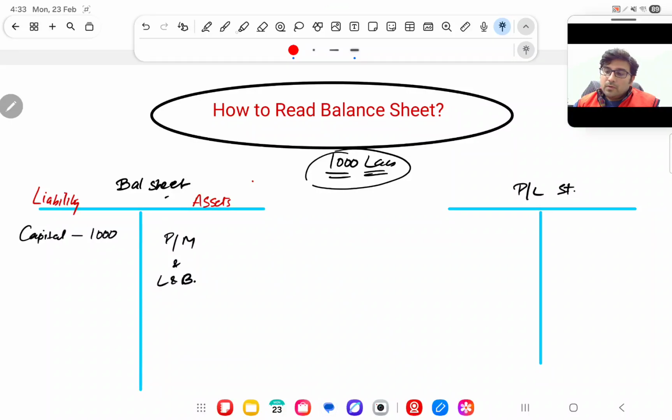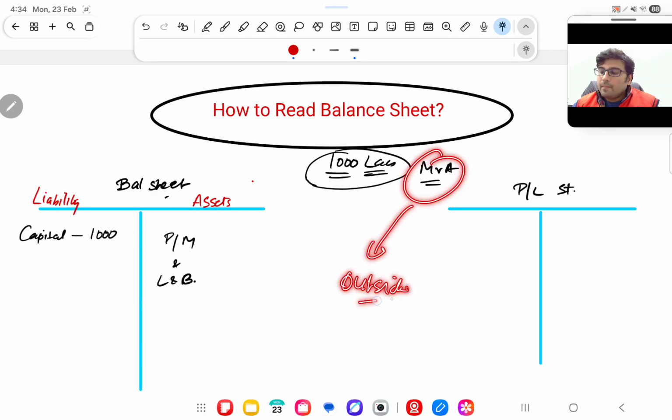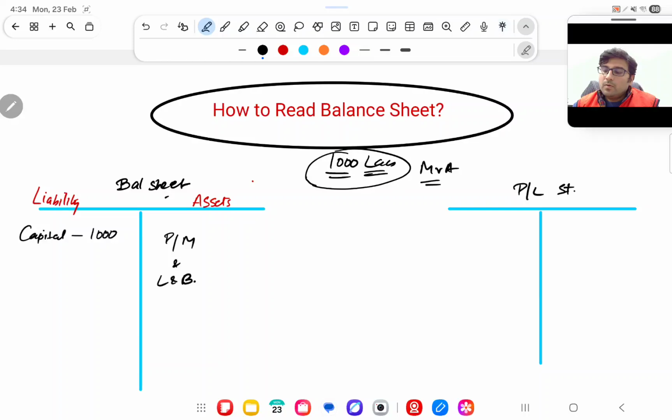In a normal scenario, do you think that whatever funds Mr. A was having would be sufficient to run the business, to start a business, to purchase the required fixed assets or current assets? No. In normal cases, Mr. A may have to approach the outside environment for funds, and that could be in the form of what?